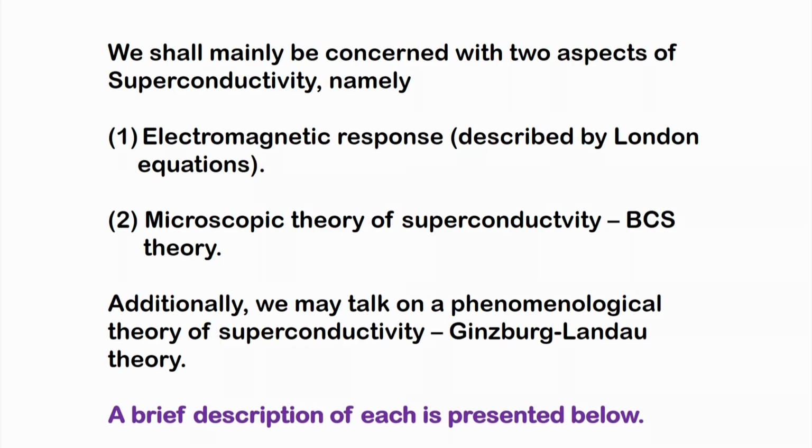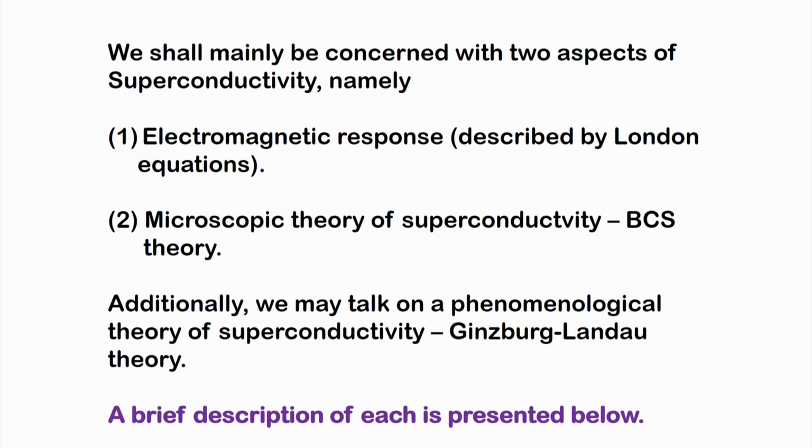Then you can write down a free energy function in terms of some wave functions, or rather some order parameters. In particular, the phase transition is captured by writing down the free energy functional in terms of the order parameters. So, a very brief description is first presented about each one of them, and then we will go on to a little more elaborate discussion.